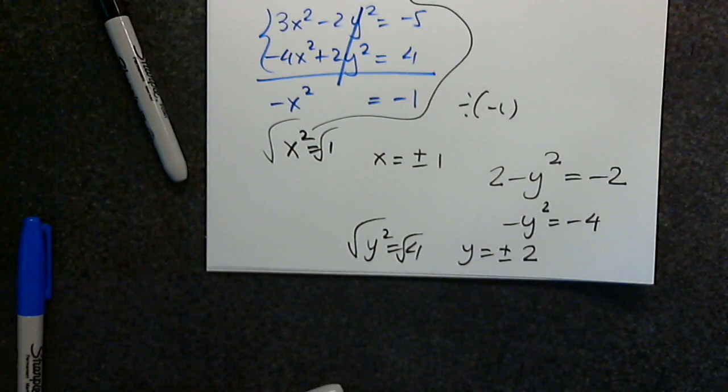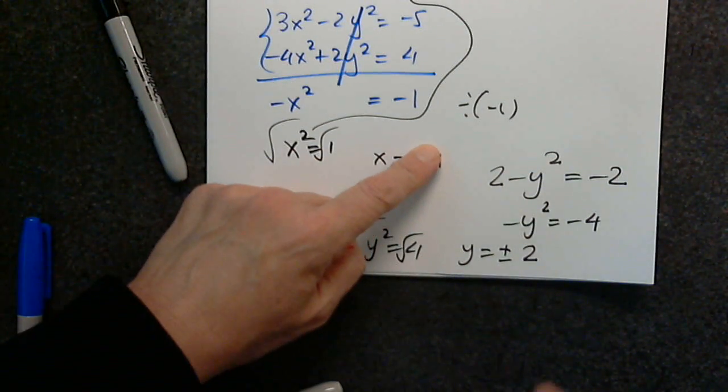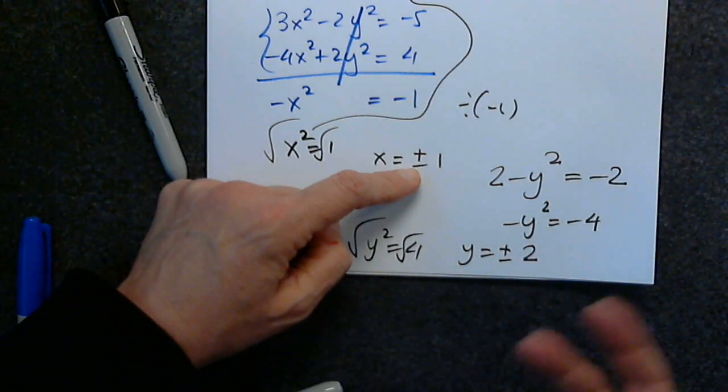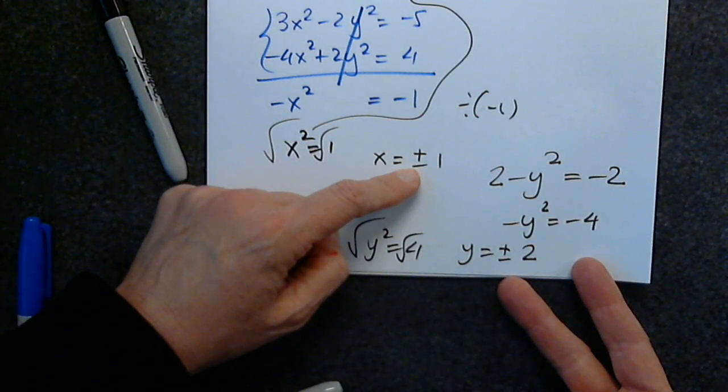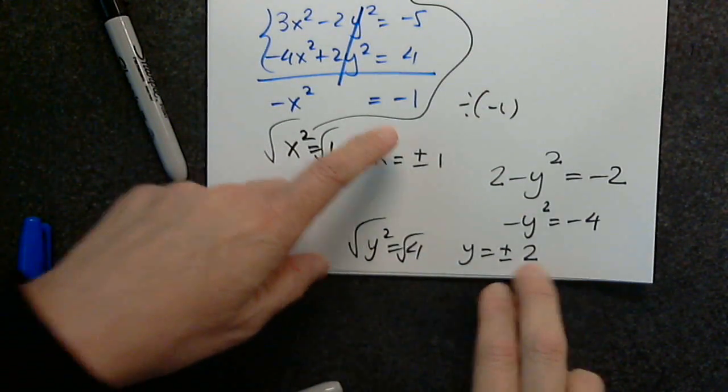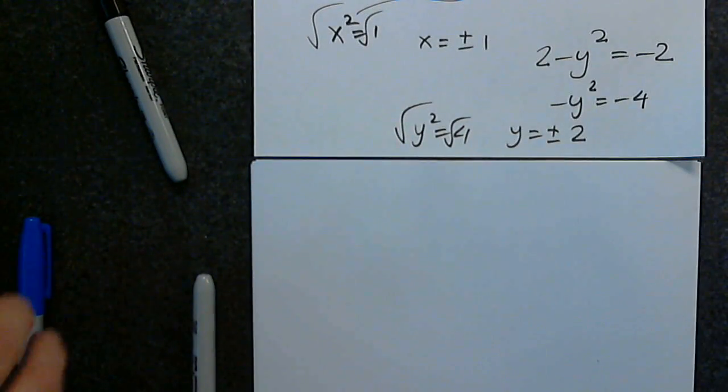Now I have to be careful that when x is 1, I have 2 different options for y. When x is negative 1, I have 2 different options for y. So how many ordered pair solutions will we find? 4.